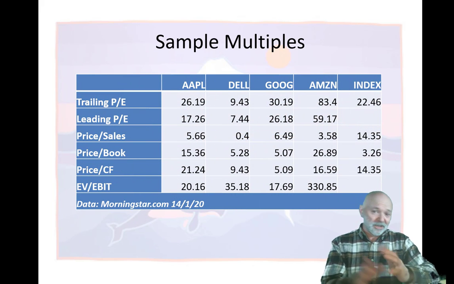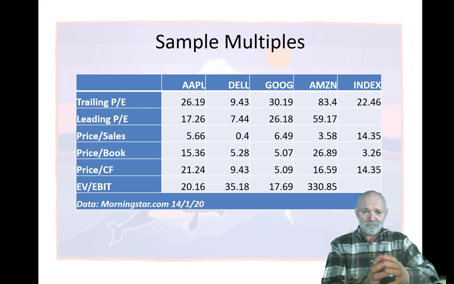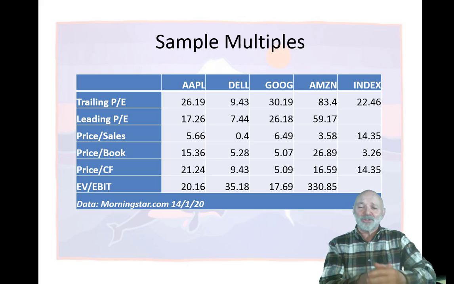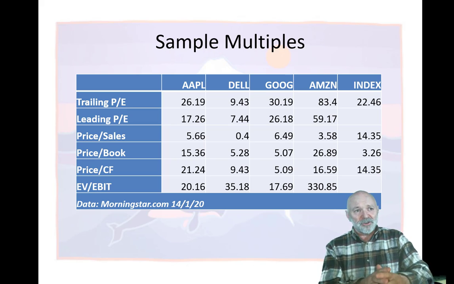For those multiples, and I have said we're not going to go into these in a lot of detail, I provided some comparisons that you'll see here. They're in the slides. These ones aren't in the teaching note. I've got Apple, Dell, Google, Amazon, and then I have the average for the Standard & Poor's 500 index.